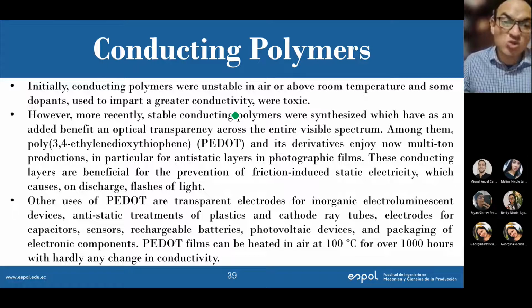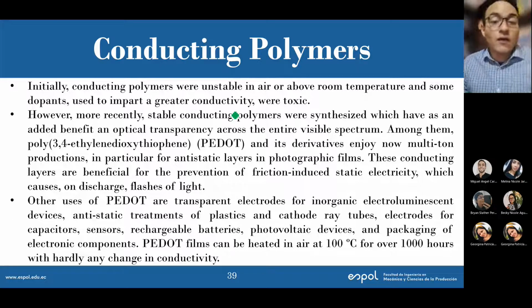There are some trials ongoing to see if we can have photovoltaic devices with conducting polymers instead of silicon or semiconductors. That's an ongoing field. And then also for packaging of electric components, where you don't want an insulator, but a conducting polymer.